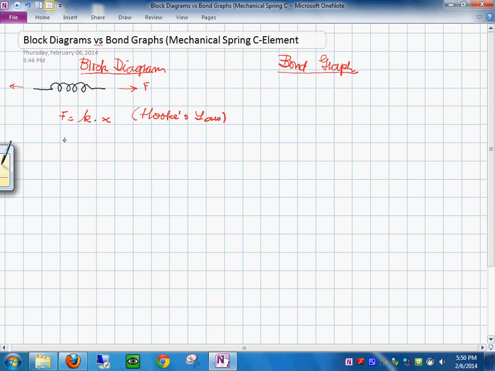We can write that F is equal to K, where K is the stiffness. But in this kind of element, we can also write it in terms of the compliance, which is the inverse of the stiffness.